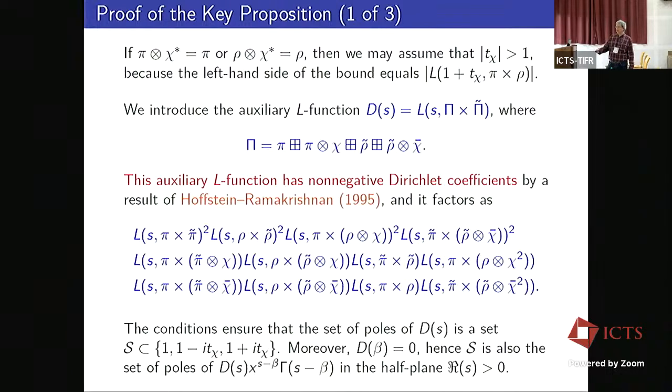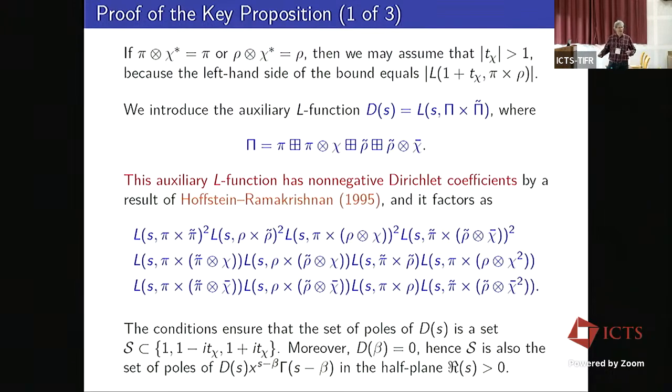So if you get a pole in the first factor, then this third factor does the job. If you get a pole from the second factor, then the fourth factor does the job. Because if the second factor has a pole at 1 minus it chi, then this second self-twisting relation happens. When you plug in 1 minus it chi here, because this chi star is now special, twisting by chi star is the same as shifting the variable by 2 it chi.